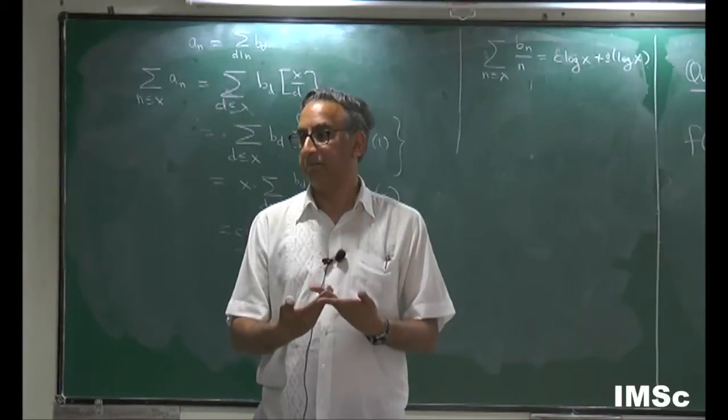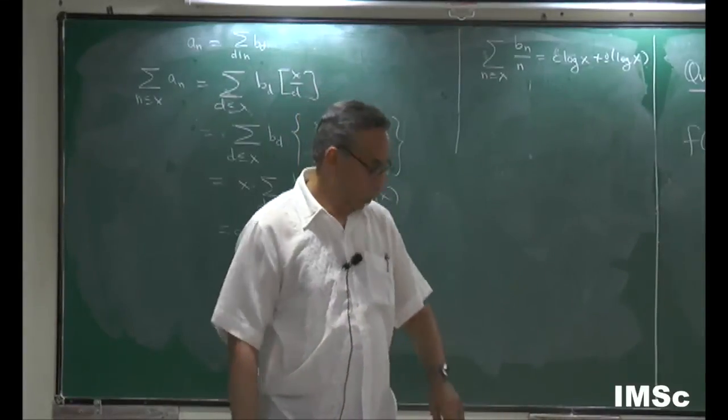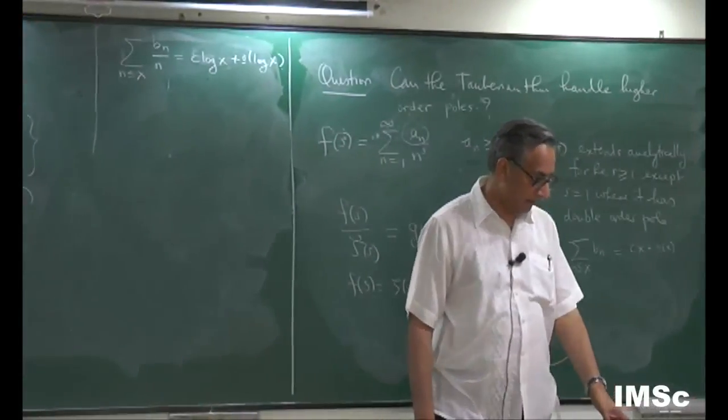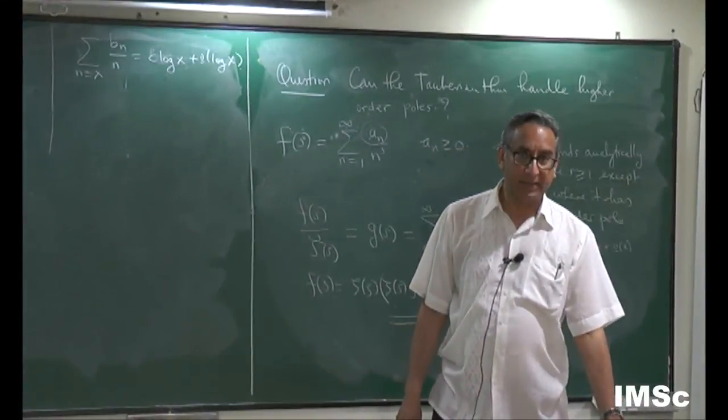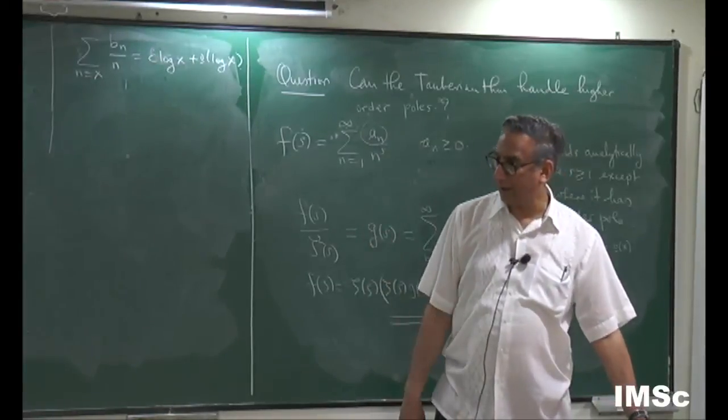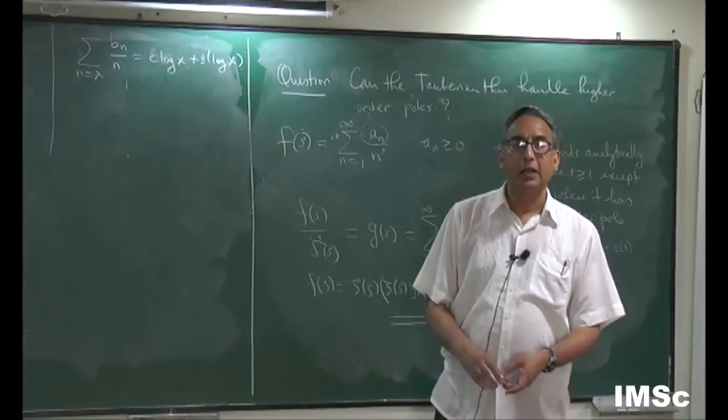That's the bottom line of the thing. Okay, so that more or less covers what I wanted to say for this session, which is meant as an elementary introduction to analytic number theory.